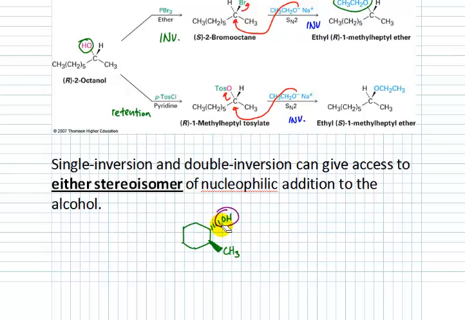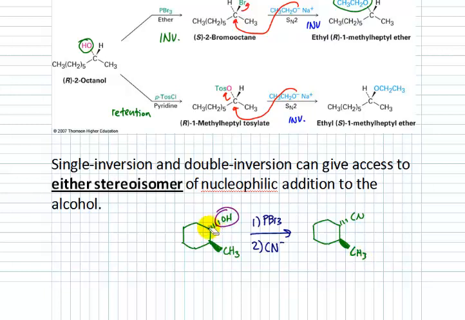Okay? I can retain configuration by first using PBr3 and then adding cyanide. Right? Each of those is an inversion, so we'll have double inversion. I'll have cyanide added the same direction as that hydroxyl originally.